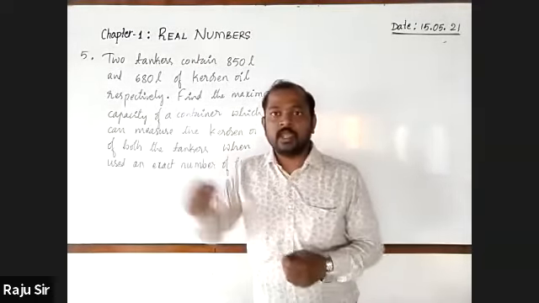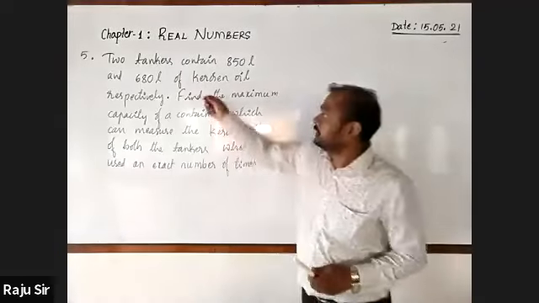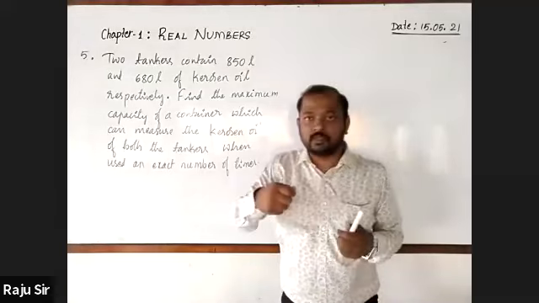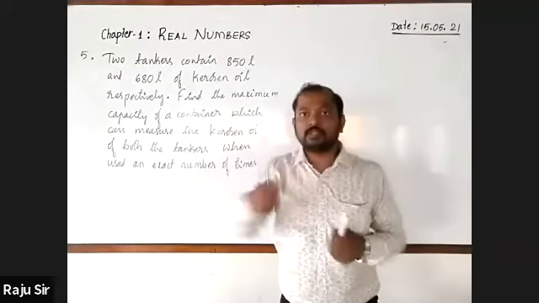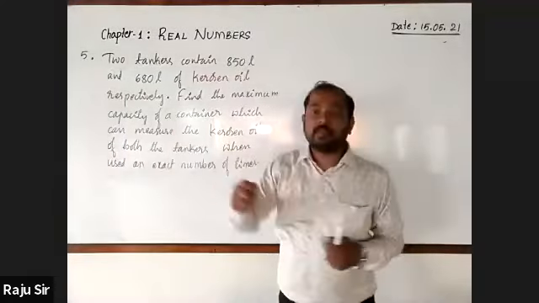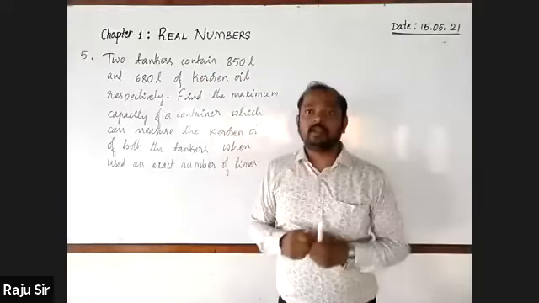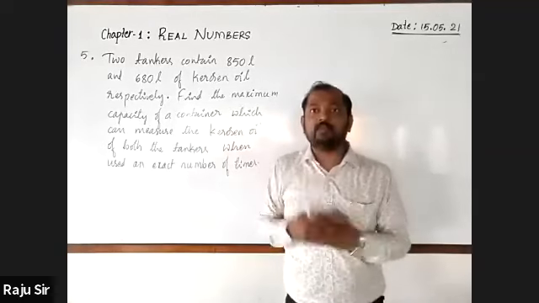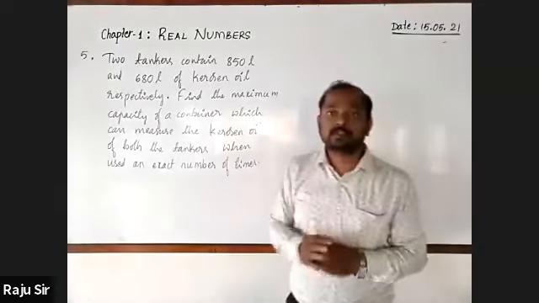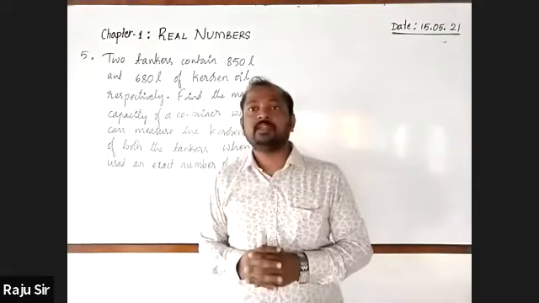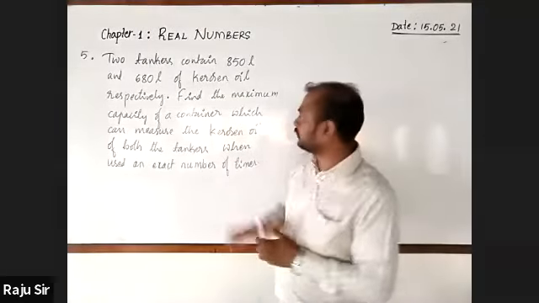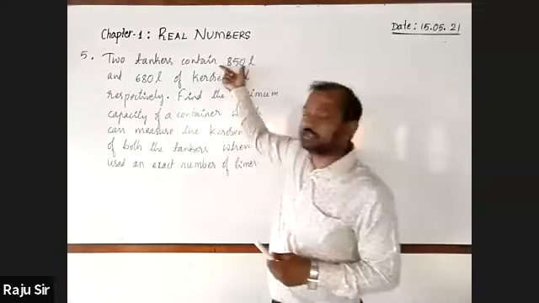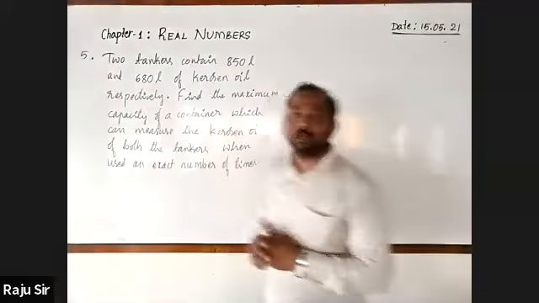Got it? As we take out the kerosene oil from the tanker using the container, every time we are dividing, hence it belongs to HCF, highest common factor. So to find the maximum capacity of the container, we should find the HCF of these two numbers.